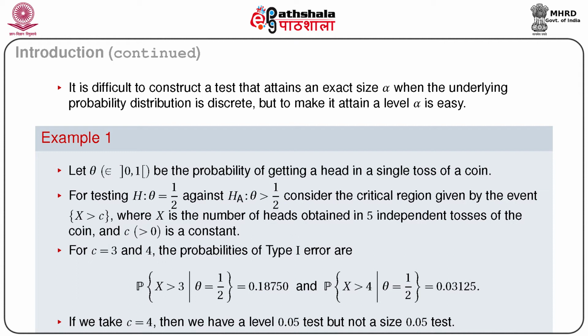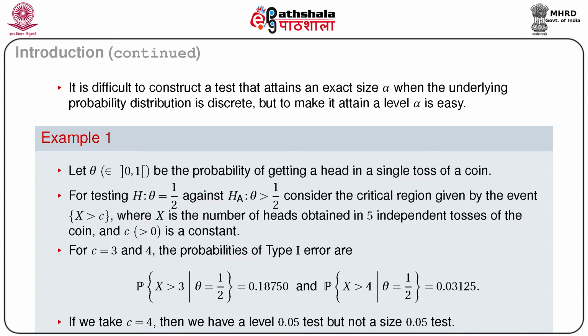A test with level alpha is easily attainable whereas it is not easy to attain the exact size alpha test when the underlying distribution is discrete. It is clear from the following example. Let theta be the probability of getting a head in a single toss of a coin.